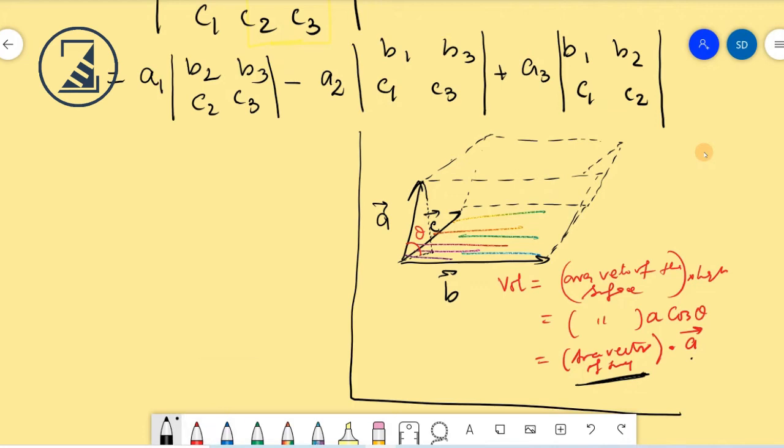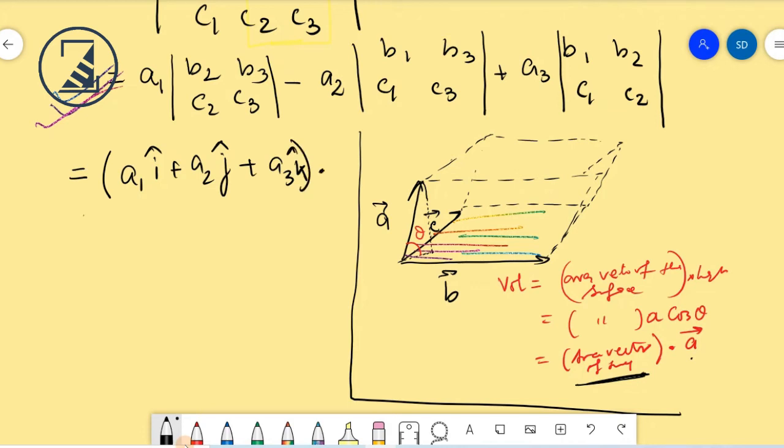So let's do one thing. So this is equal to, if I write the expanded determinant like this, A1 i cap plus A2 j cap plus A3 k cap dot this area vector.